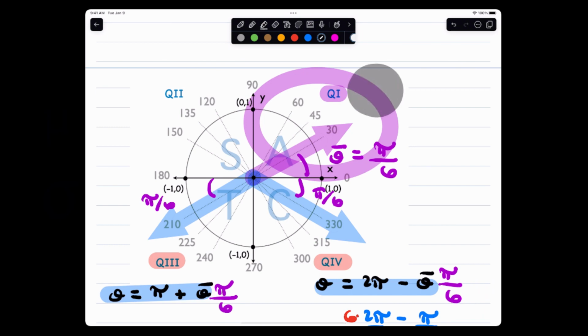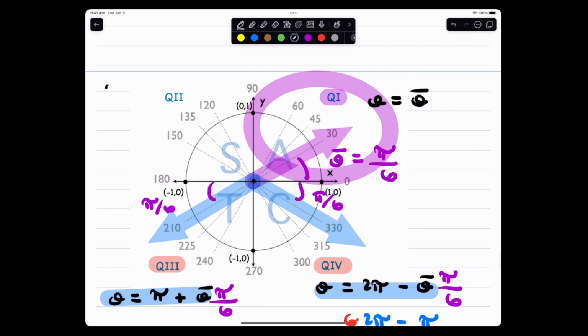Well, the angle is the reference angle. And then in quadrant 2, even though we gave you guys that already, the quadrant 2 is going to be pi minus the reference.